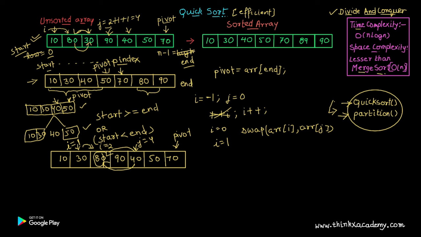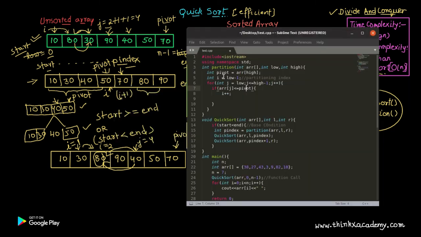In the last step, we will get this array, and i will be pointing to this position, 50. So we just return the i plus 1 position, which is the partitioning index position. Since we are using this swap function, it has already rearranged the array. In this manner, we can do the partitioning.